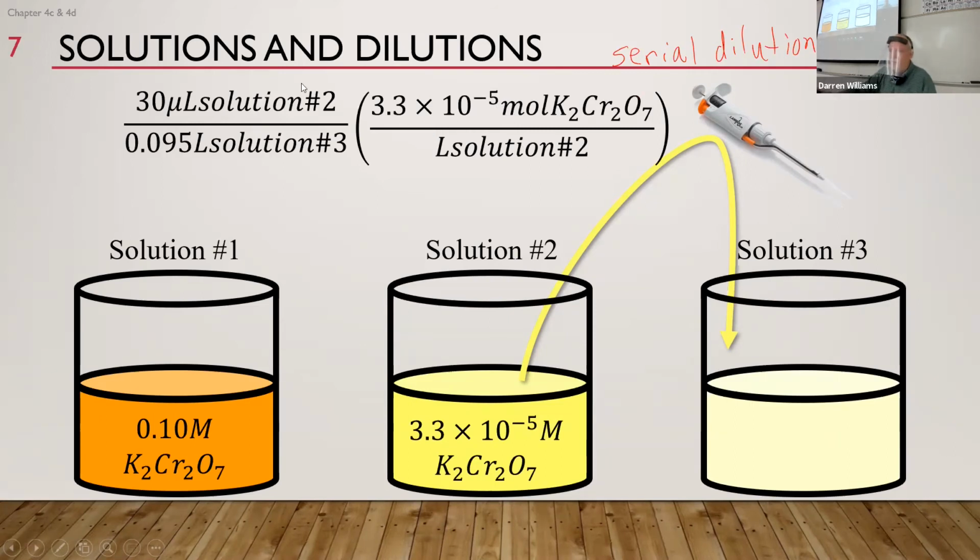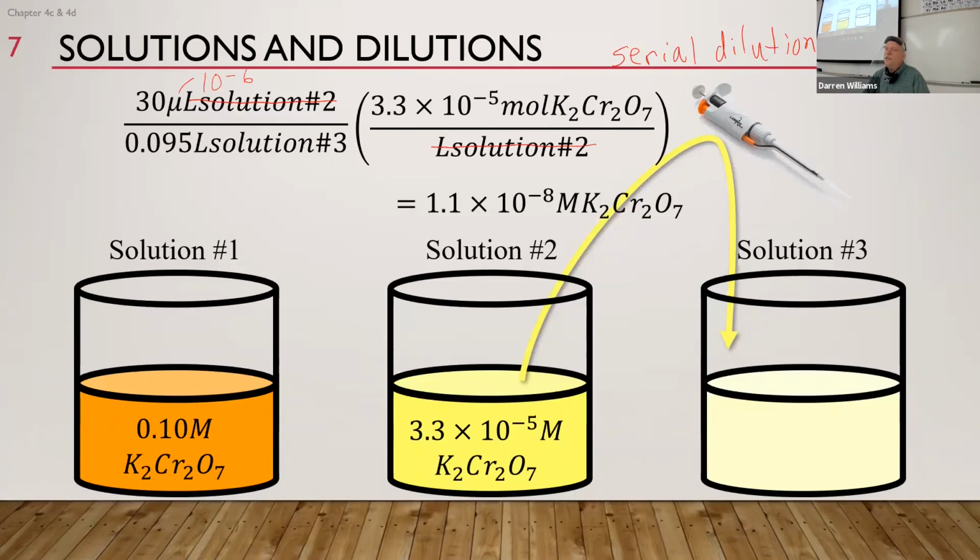And so once again, the liters of solution 2 cancel, but the micro doesn't. So liters of solution 2 is gone away, and we now have moles of dichromate in liters of solution 3, but we have to keep track of that micro, 10 to the minus 6. So I do 30 times 10 to the minus 6 times 3.3 times 10 to the minus 5 divided by 0.095.